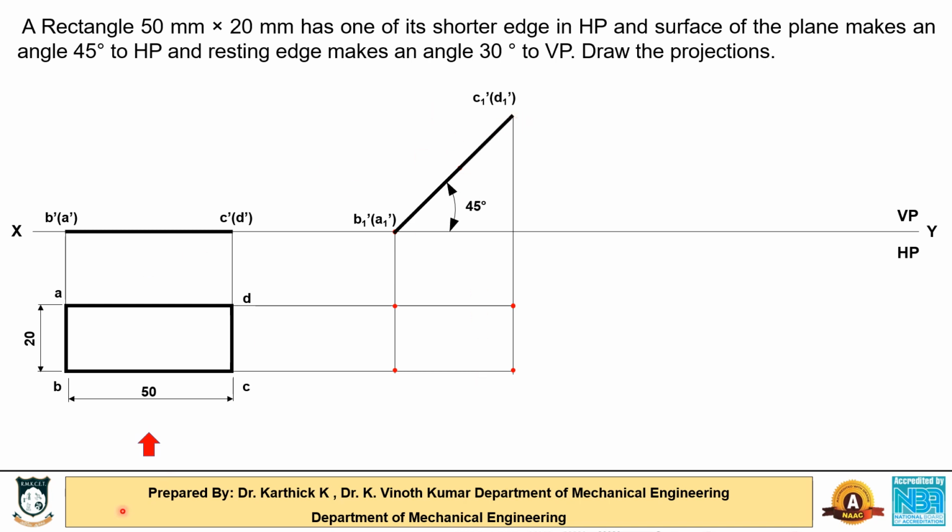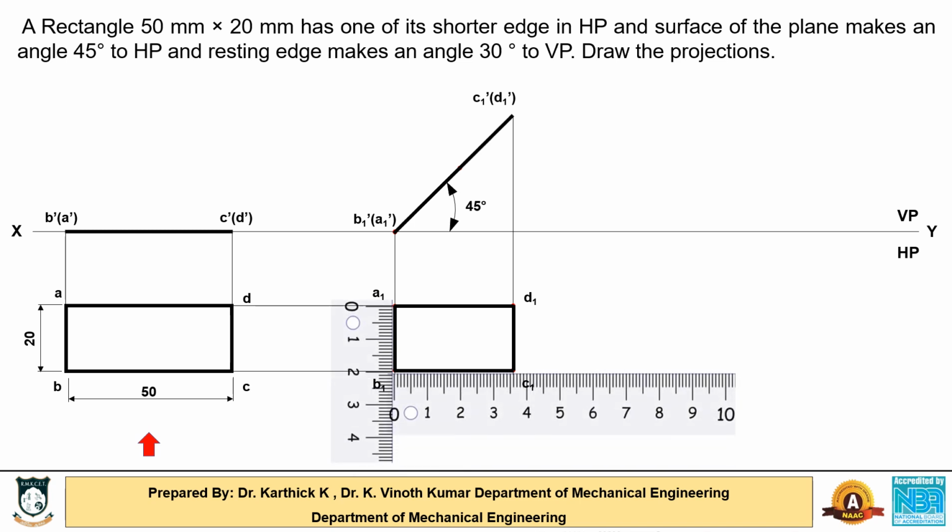For example, if we take point D, the vertical line of D here and horizontal line of D here, both will meet together. That point is noted as D. Same like this, A from our vertical line and horizontal line is A. After this, we have to mark the points and draw the lines.